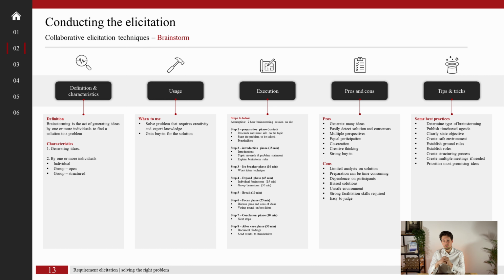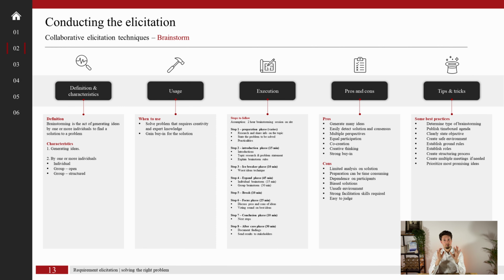Inviting a participant's boss, for instance, might hinder the participant's creativity, as they might not want to come across as foolish. It requires a strong dose of facilitation skills to run a structured group brainstorming session. And finally, it creates an environment where it is easy to judge people and be judged.